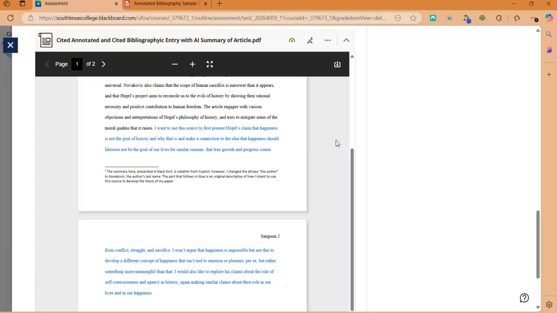You will not be able to write a very good paper if you are not deeply invested in the sources. Even though the paper's not about the sources per se, it's about your argument, you have to be able to use these sources in a meaningful way, and that does not mean just throwing in a quote for the paper. You have to be able to have at least 40 to 50% of your paper coming from meaningful use of the sources, so you have to know them really well.